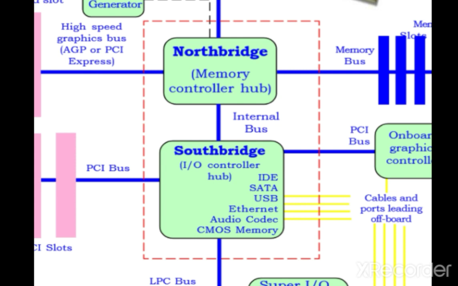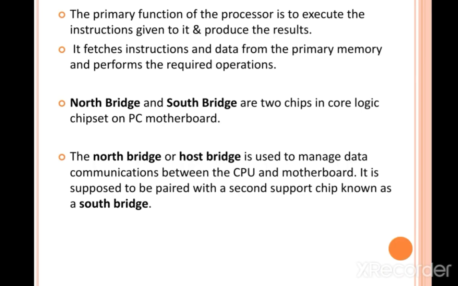These are used to manage data communications between the CPU and motherboard. See, the primary function of the processor is to execute the instructions given to it and produce the results. North bridge and south bridge are 2 chips in the core logic chipset on a PC motherboard.